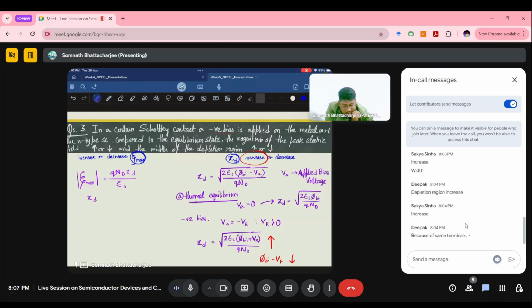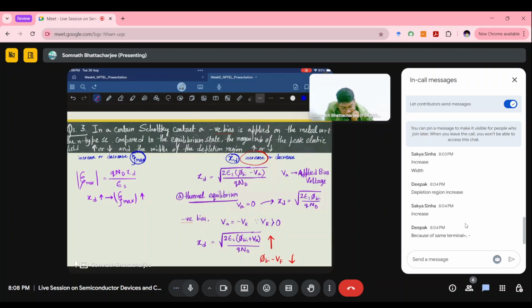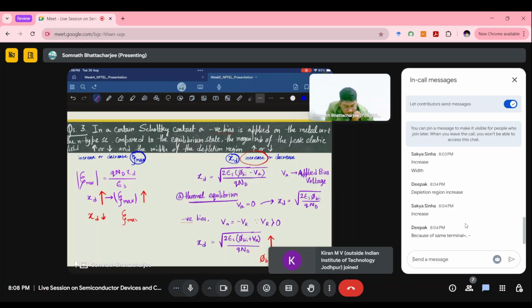As xd is increasing, this has to increase as well, right? Whenever xd is decreasing, this value will decrease as well.